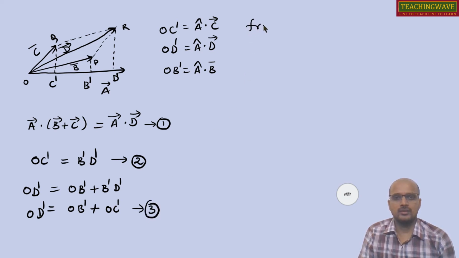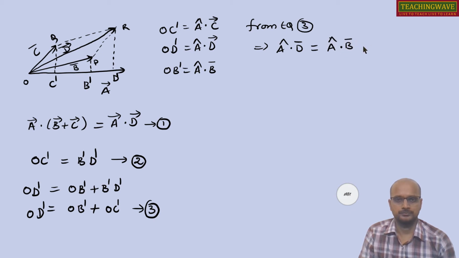From equation 3, we can write OD prime as a cap dot d bar, which is equivalent to OB prime, written as a cap dot b bar, plus OC prime, written as a cap dot c bar.